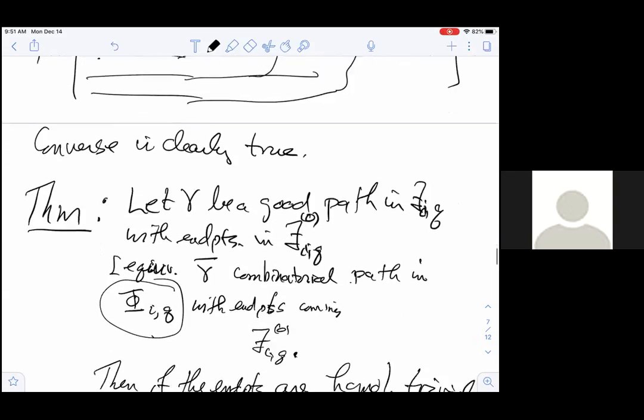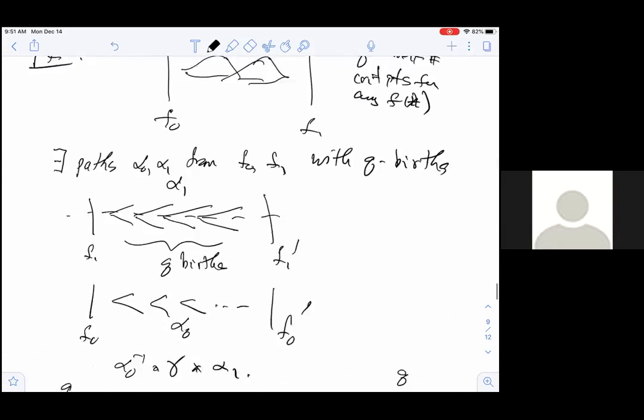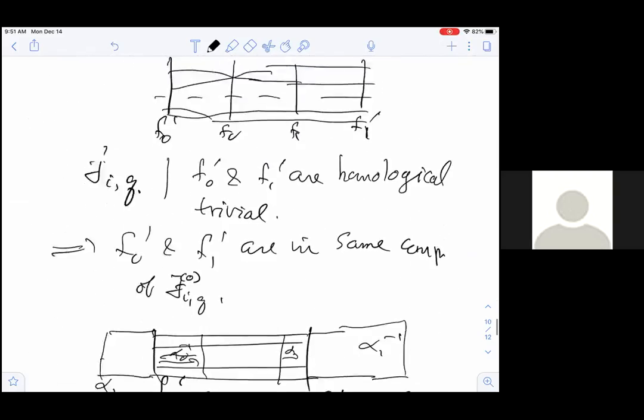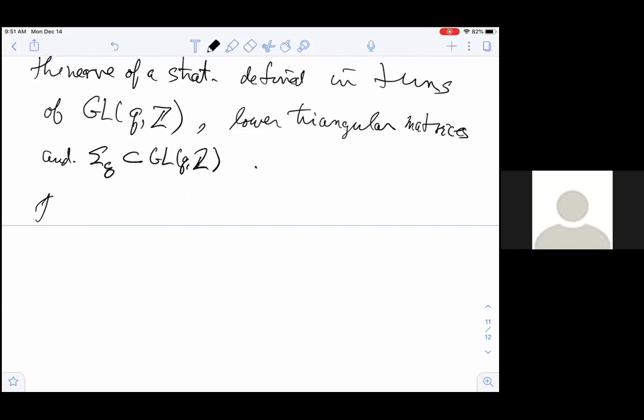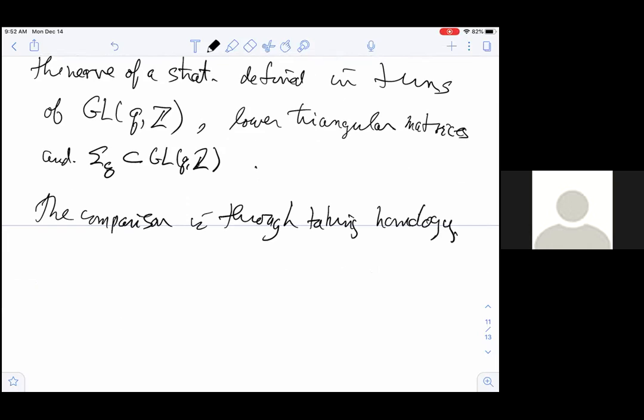And the way we will compare the stratifications is through taking homology. GLQZ is the automorphism group of the homology generated by the critical points of index I, also of index I plus 1.